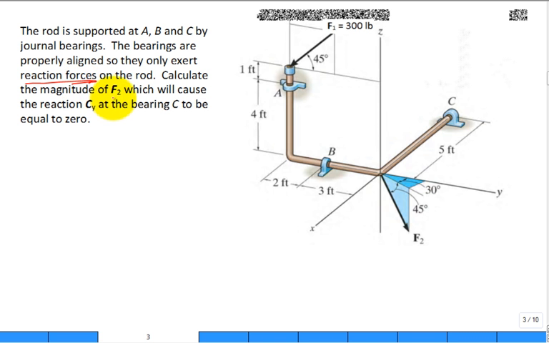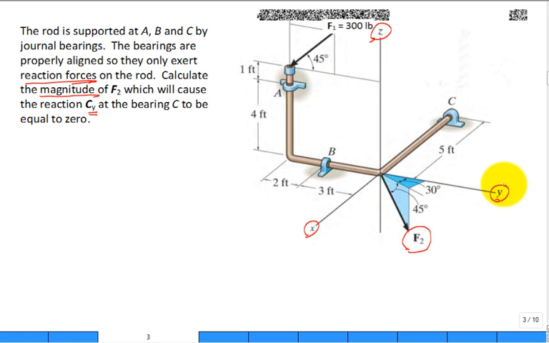Calculate the magnitude of F2. So where is F2? Down here. And you only want the magnitude, even though it is a three-dimensional system, x, y, z. And so you're going to have F2 in the x, F2 in the y, F2 in the z. But anyway, you just want that magnitude of F2 that will cause the reaction Cy at the bearing C to be equal to 0.